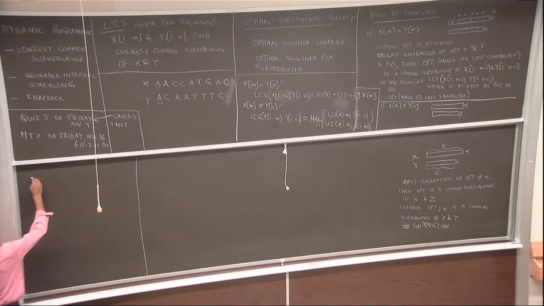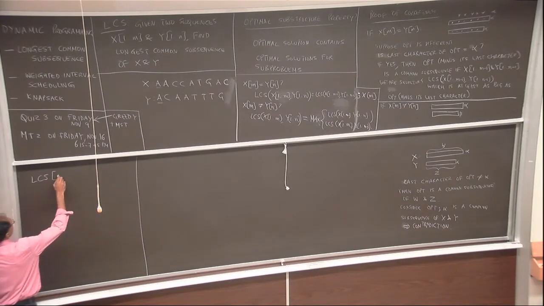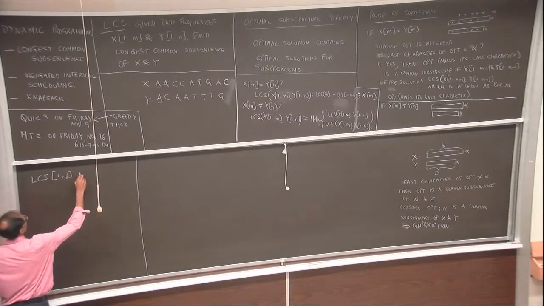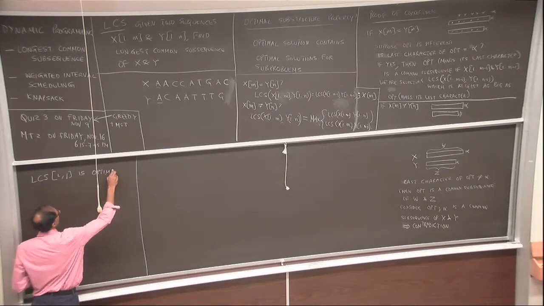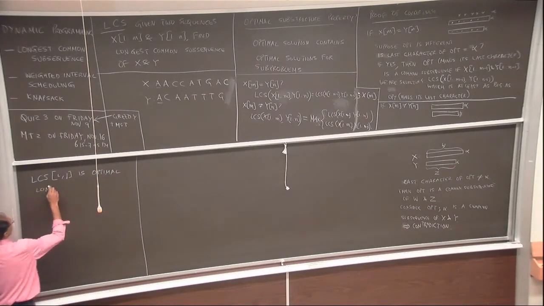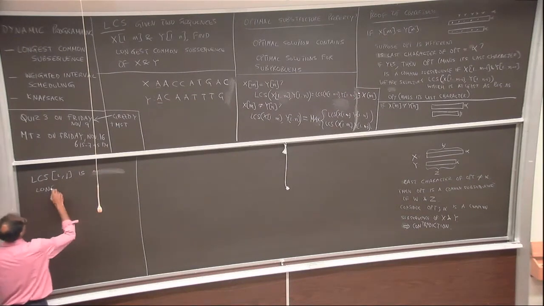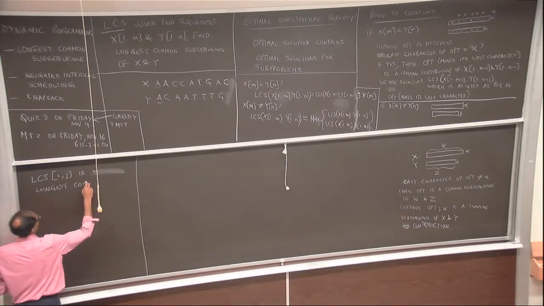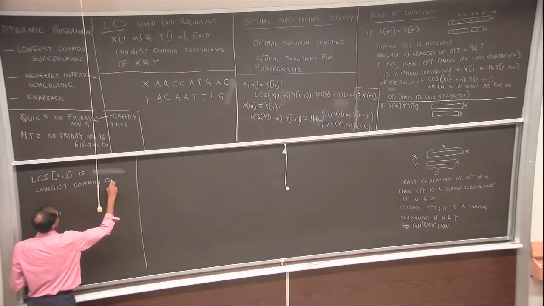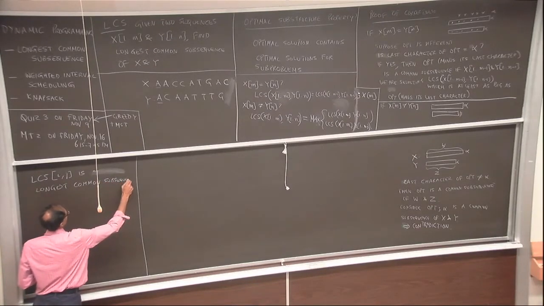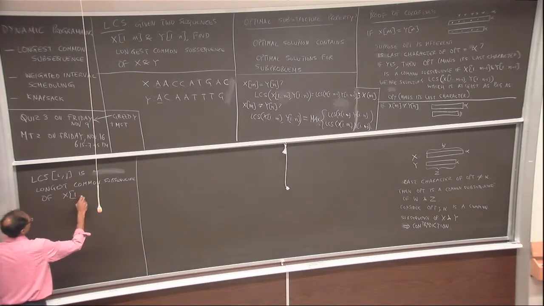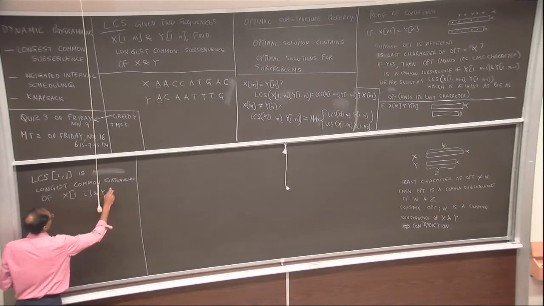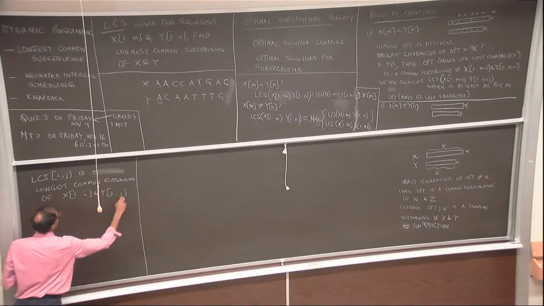So let me say LCS of i j is the optimal longest common subsequence of x 1 through i and y 1 through j.